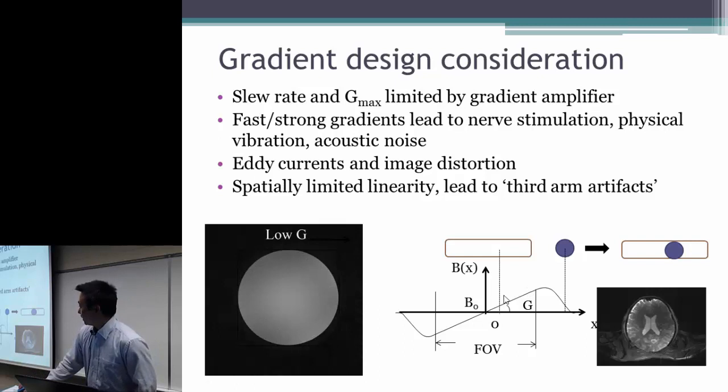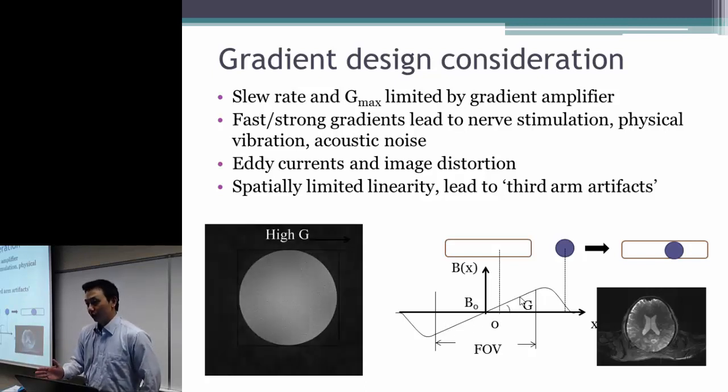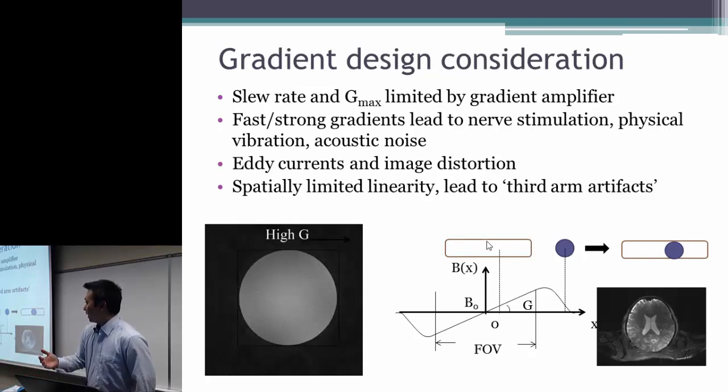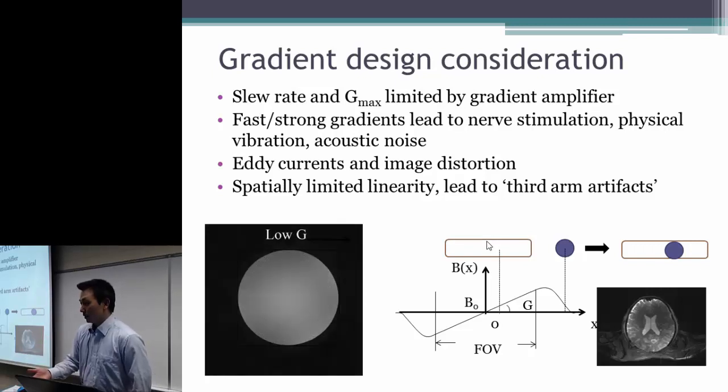So when we say that a gradient is linear, we are usually referring to the linearity within a certain spatial range. So usually we define that as the FOV, right? The field of view. So as long as the gradient within this field of view is linear, we can get a very good representation of the object, and there's minimum distortion.